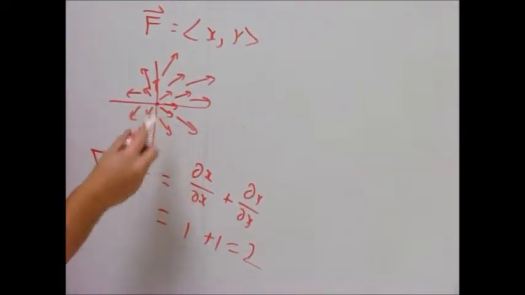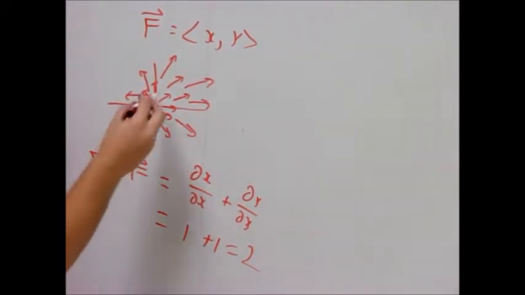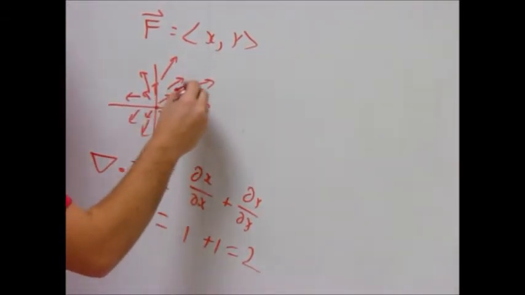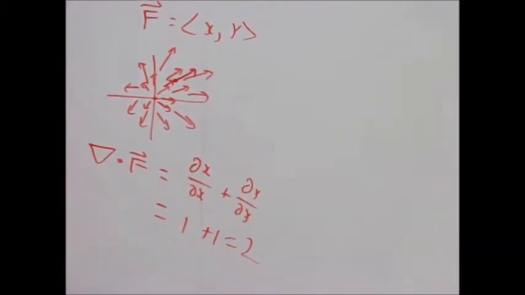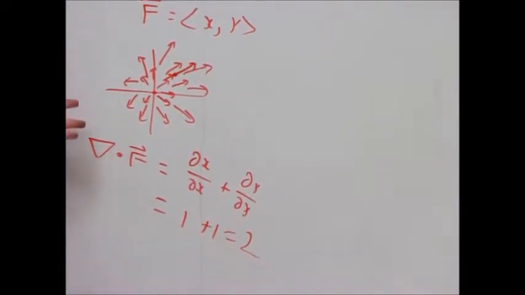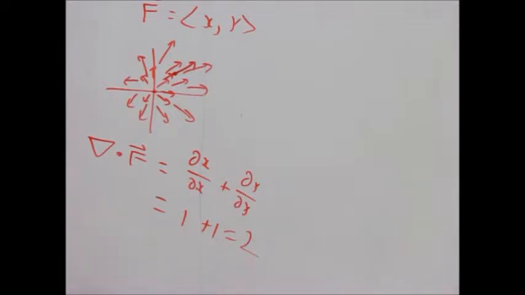And you can see that it is, in fact, diverging everywhere. You go here, there's bigger arrows coming out than are coming in. So everywhere is just expansion. If this was a fluid, everywhere would be a source, because positive values are for a source. That's where a fluid is coming out.